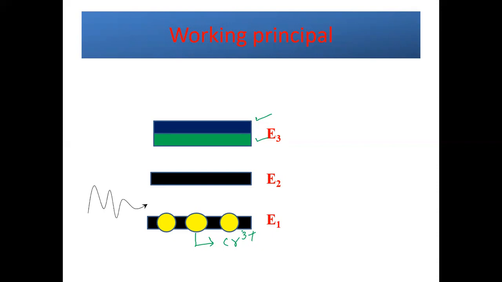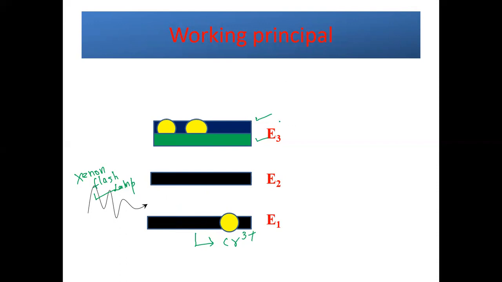On incidence of the external energy source, which is coming from the xenon flash lamp, on the chromium atoms already present in the E1 energy level, the chromium atom absorbs the energy from the xenon lamp and gets excited to the energy level E3.